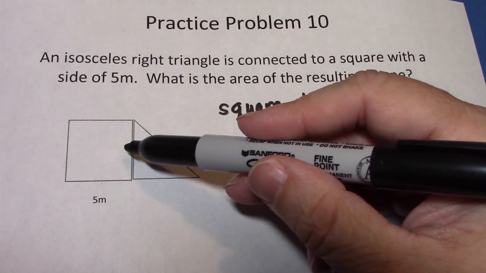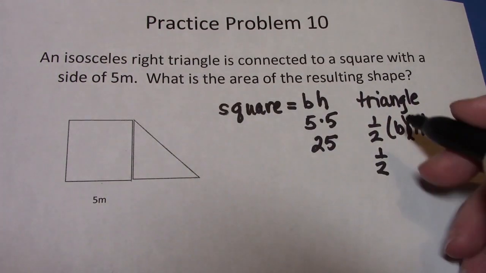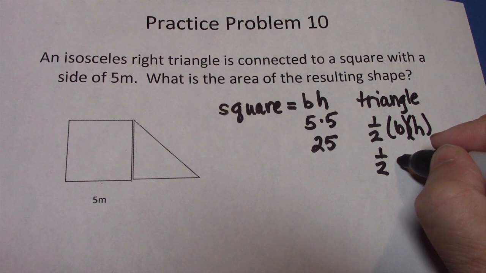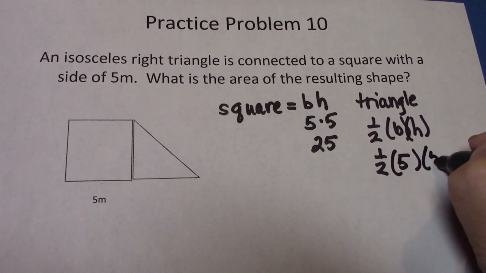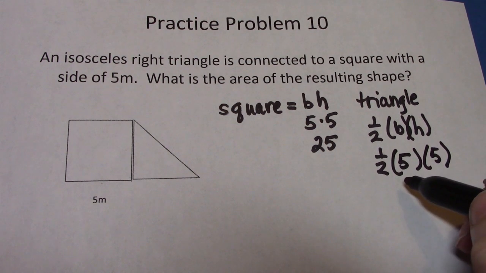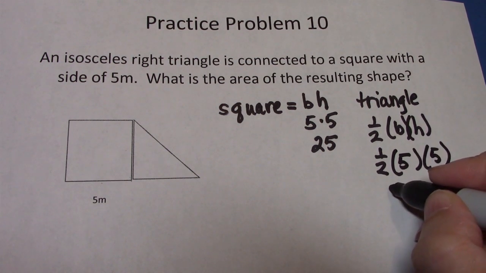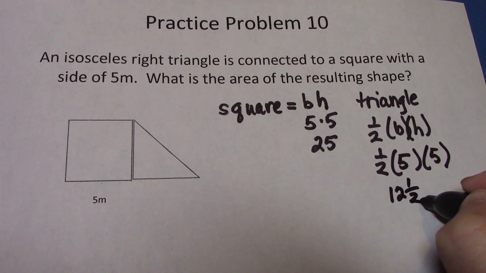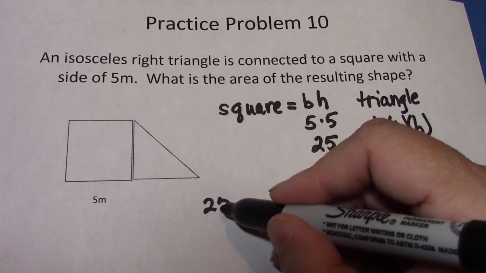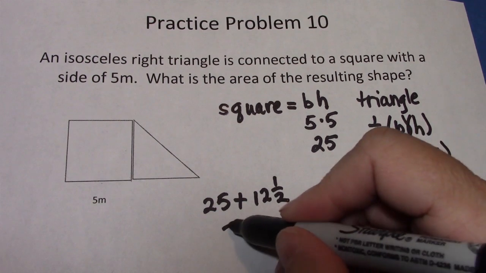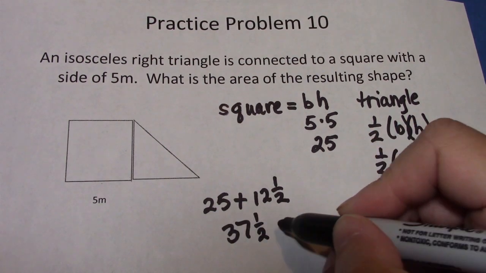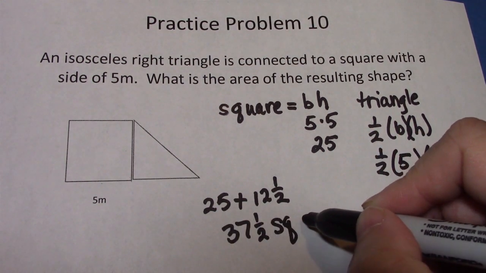We know this side is 5 because this is a square. So it's 5 for its base and 5 for its height. That's 1/2 of 25, which is 12.5. And again, we have to add those two together. Add together 25 and 12.5, and we get 37.5 square meters.